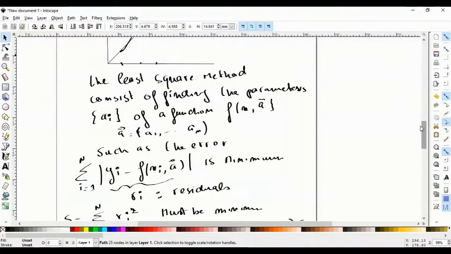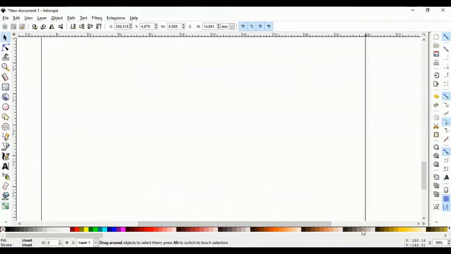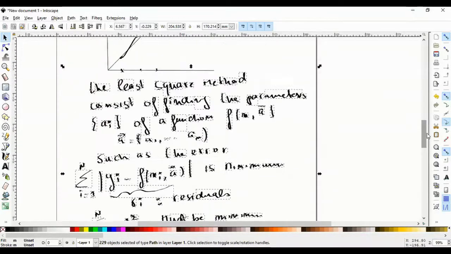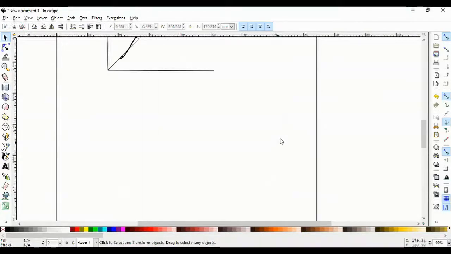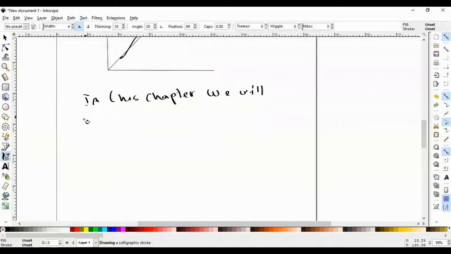But the same method applies for any function, so if you want to fit with a Gaussian, an exponential, etc. In this chapter, we will consider the polynomial least square fitting.